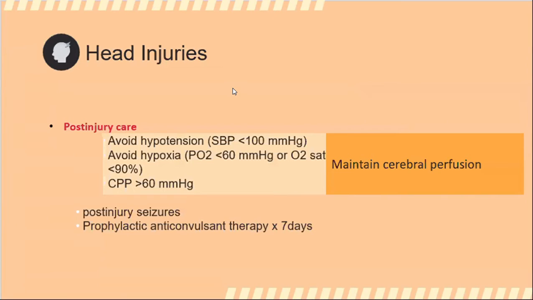Your target range of your CPP must be above 50 millimeters mercury to be able to properly perfuse and oxygenate your brain parenchyma. So things to watch out for, you must avoid hypotension. You must maintain a BP of at least 100 millimeters mercury SBP, avoid hypoxia, and maintain a CPP of greater than 60 millimeters mercury.